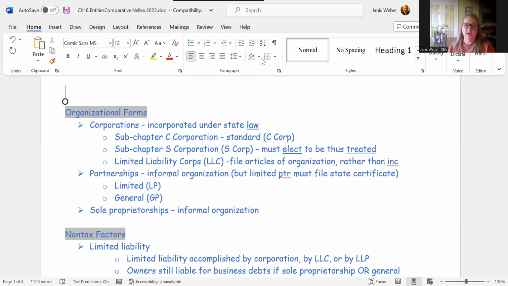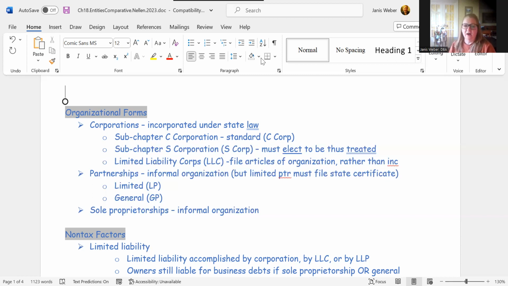Another thing people say is a corporation is a limited liability corporation, but actually a limited liability corporation and a limited liability partnership are both really just limited liability companies. So they aren't technically corporations the way we think of corporations.